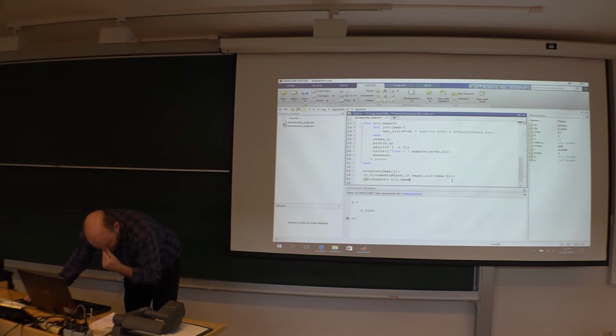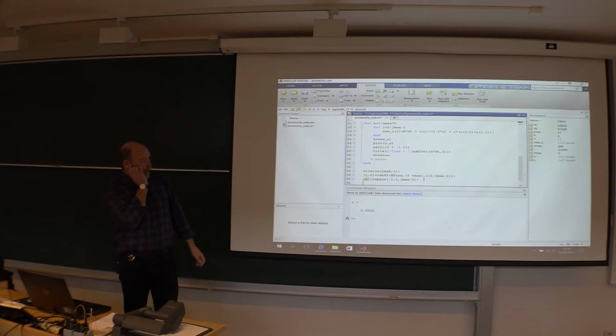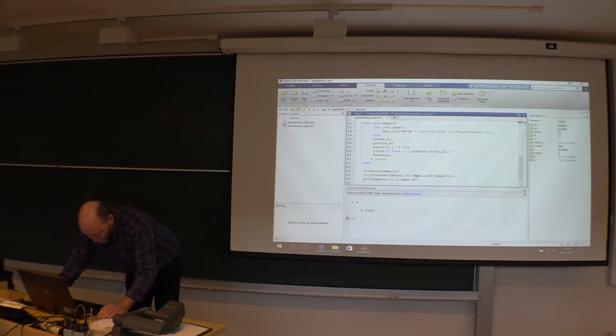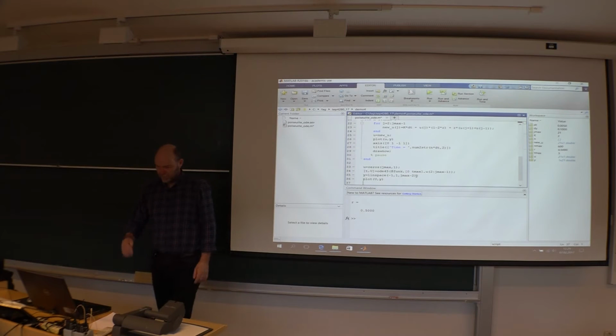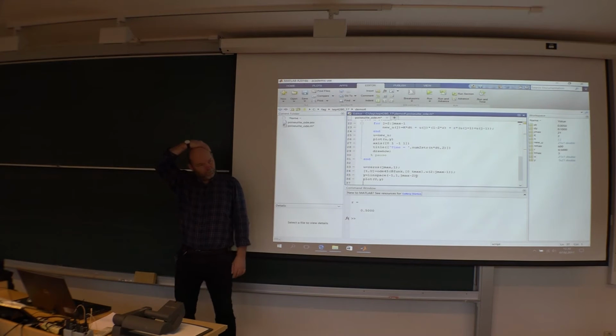That should be correct. j maximum minus 2, of course, sorry. Then y is a linear vector giving my positions from wall to wall. That should be okay. And then we should be able to write simply plot, and I want the velocity in the x direction and the position in the y direction. That should be everything.